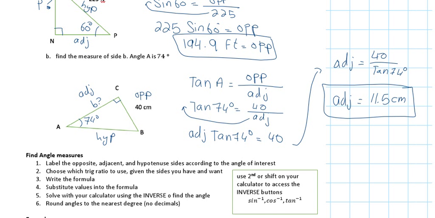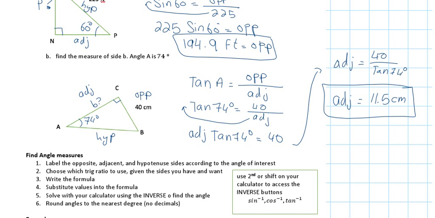You're okay? So you're not physically carrying anything over, you're just writing the base and then dividing by tan 74. I'm cross multiplying the adjacent with the tan 74, and then I'm dividing 40 by tan 74.